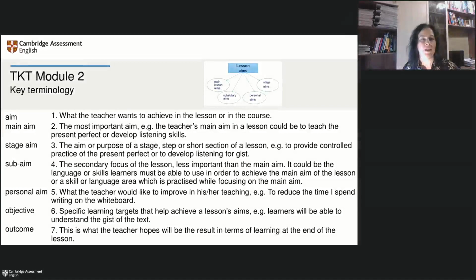Thank you for the answers. Thank you for sharing and helping each other work out the terminology. So those are quite interesting terms, and all of these terms might appear in TKT Module 2. So you need to be well aware of the differences between them.